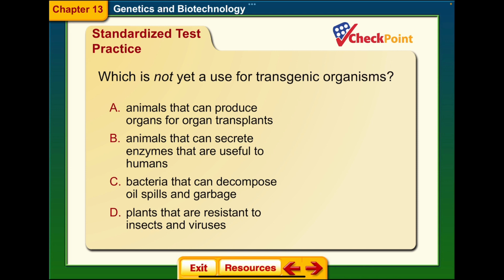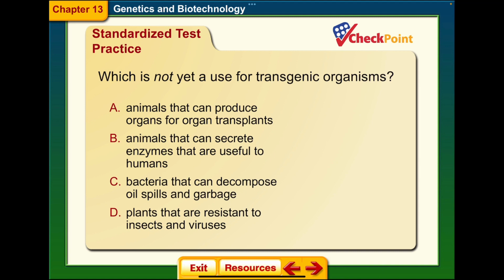Next question. Which is not yet a use for transgenic organisms? Well, this is going to be a bit of a tricky question if you have not focused with the examples of biotechnology. So go ahead and just look back and read about transgenic organisms in our book again.